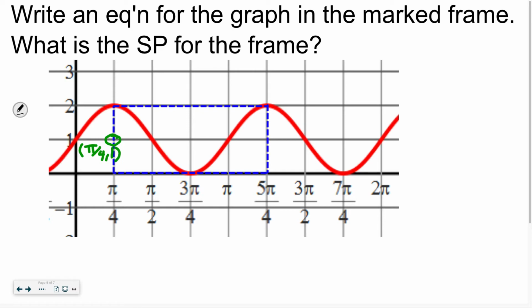If you want to plot these other points, this is pi over 4, 2. You want to label them in your notes. This is pi halves, 1. This is 3 pi over 4, 0. That's pi, 1. This is 5 pi over 4, 2.